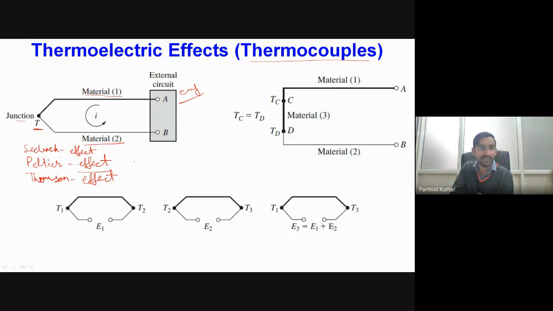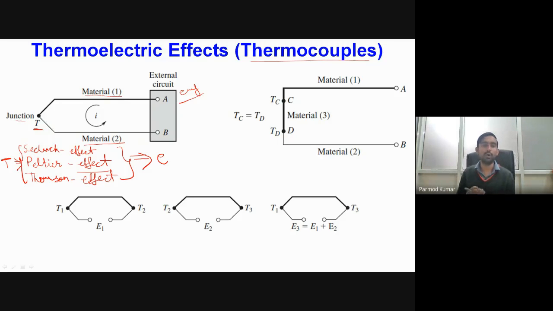Finally, in our actual measurements, these effects will also come into consideration. On one side we have the temperature, then these three effects participate simultaneously and give us the final value of the EMF. So we get some output corresponding to some temperature of the junction.